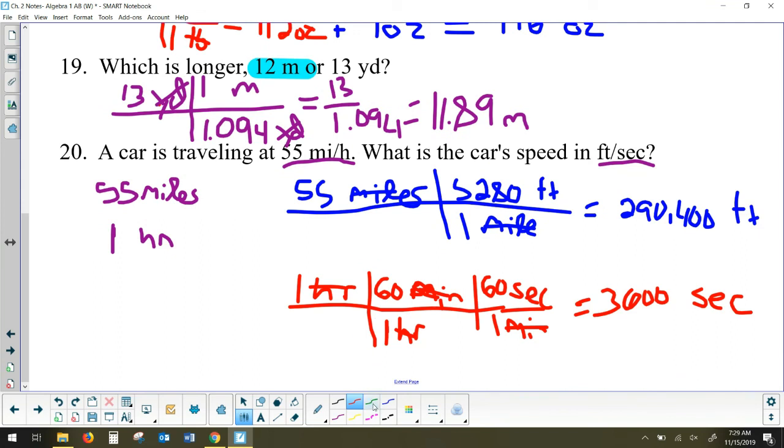So we need a rate, so we're going to take 290,400 feet all over 3,600 seconds.